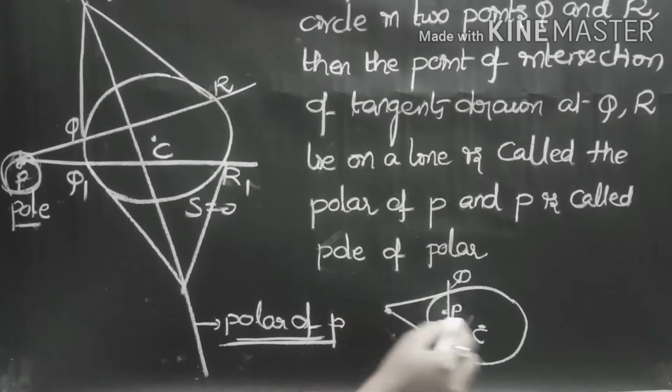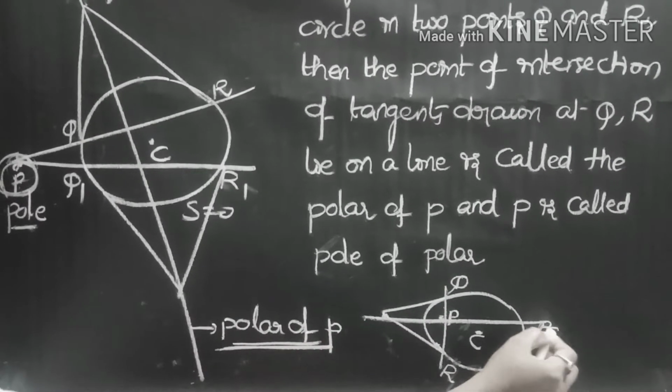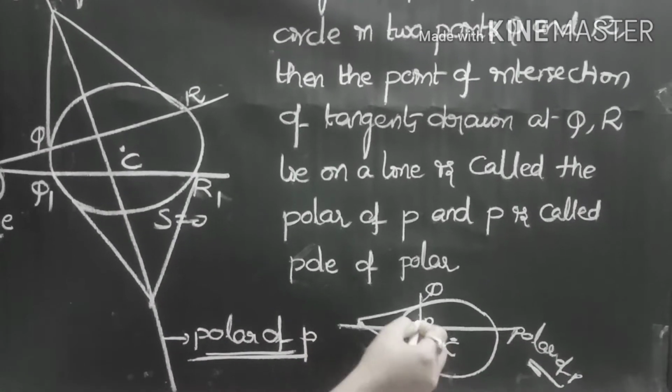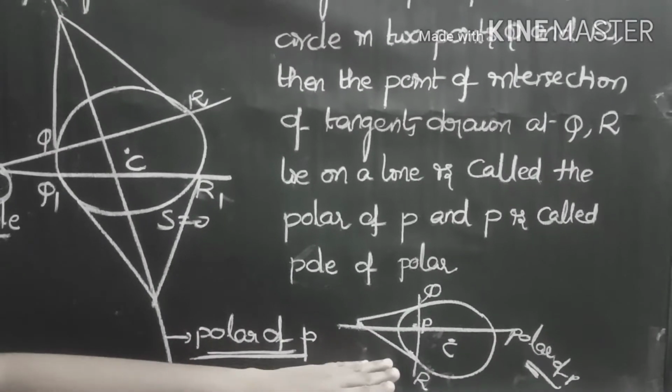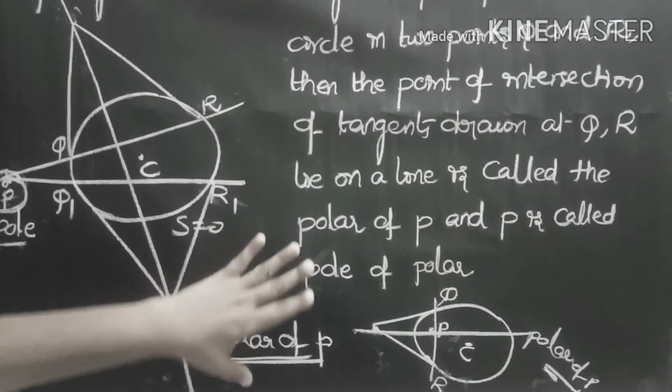Now the point of intersection lies on the line called the polar of P. That is, in the case of an internal point also, we can define the polar of P. In the case of an external point, we can also define the polar of P.